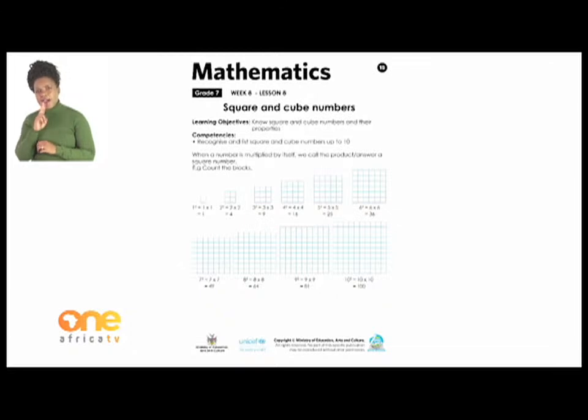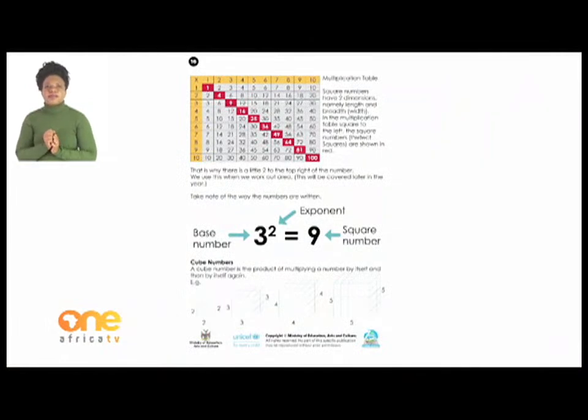Now we have to move to page 16. On page 16, there is a multiplication table whereby there are numbers which are colored in red, and blocks, and some which are yellow.